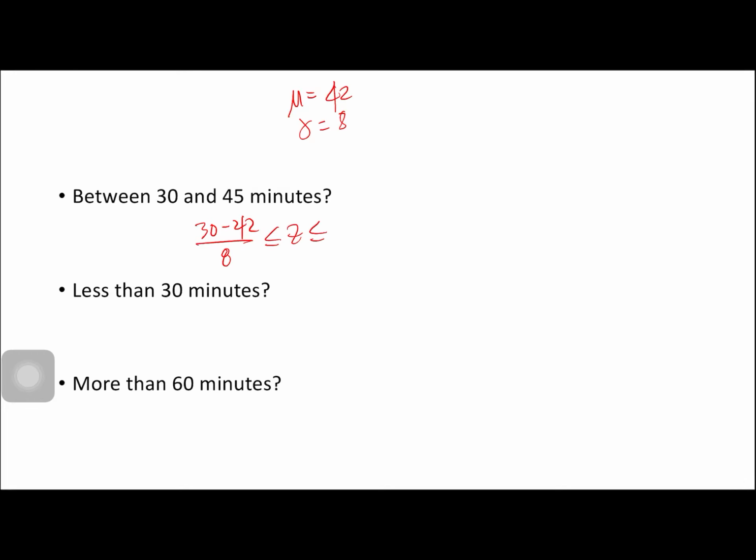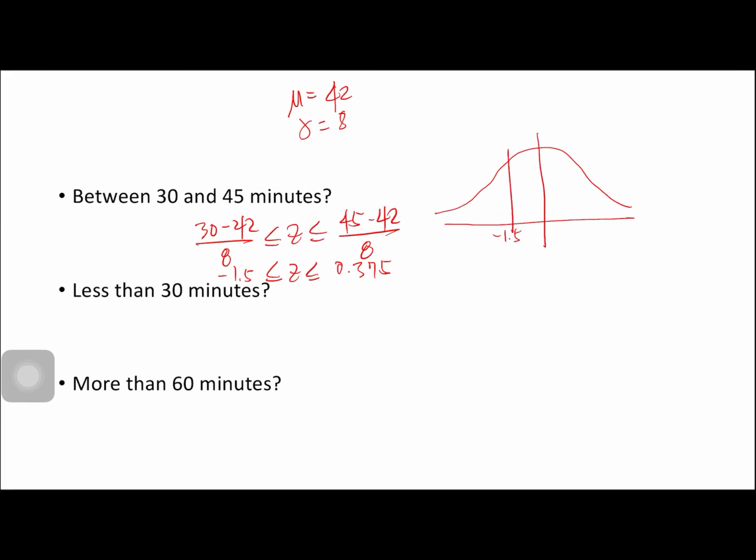So we have 30 and 45 minutes. So we have here 30 minus 42 over 8 is less than or equal to Z is less than or equal to 45 minus 42 over 8. Okay? So we have there 30 minus 42 divided by 8, that is -1.5 is less than or equal to Z is less than or equal to 45 minus 42 divided by 8, that is 0.375.